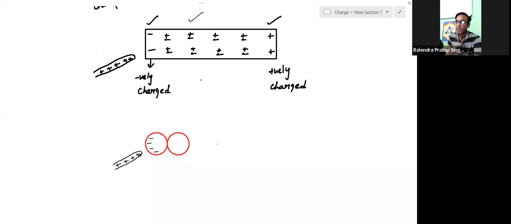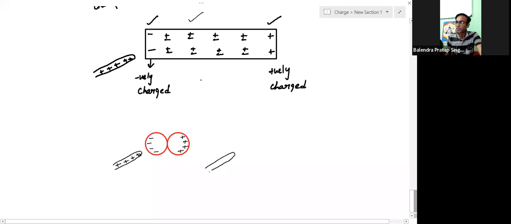Now I am going to detach these two spheres.